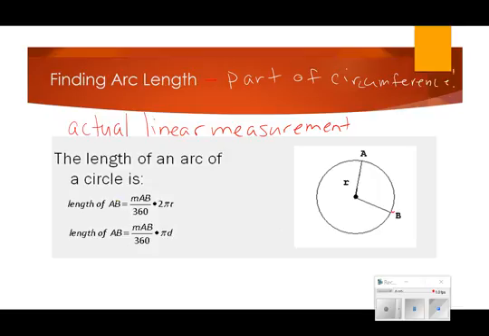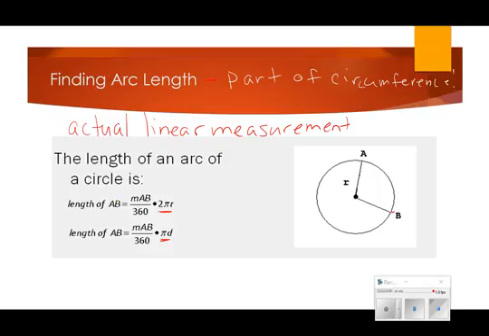So we can use the formula depending on whether we have the radius or the diameter. It's basically part of the circumference, and we know that we find the circumference either by 2 pi r or pi times the diameter. So there is the formula for the circumference.